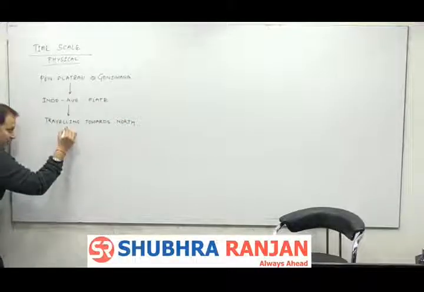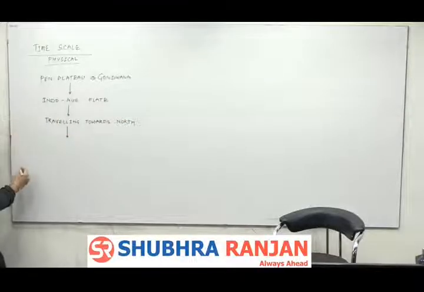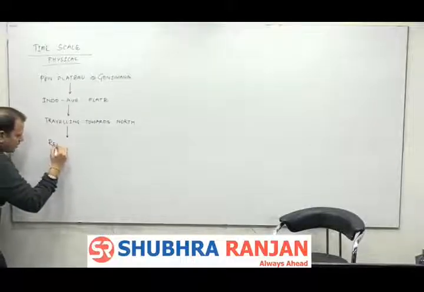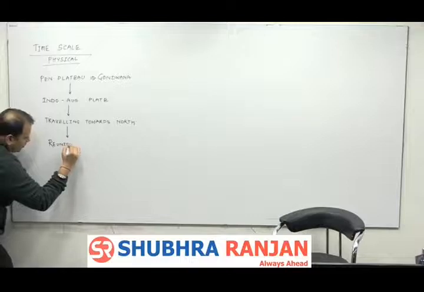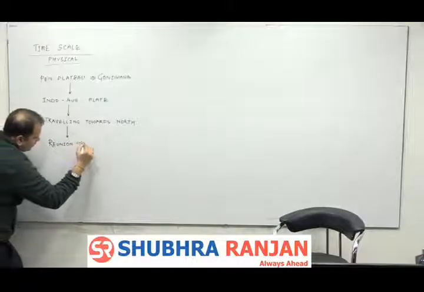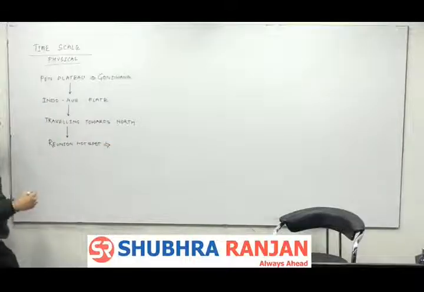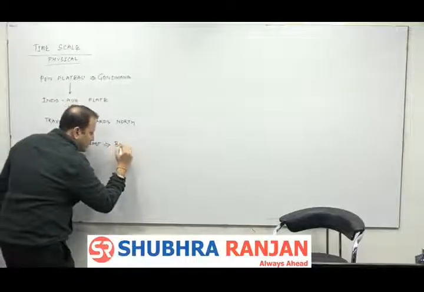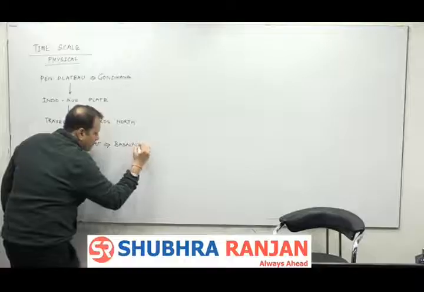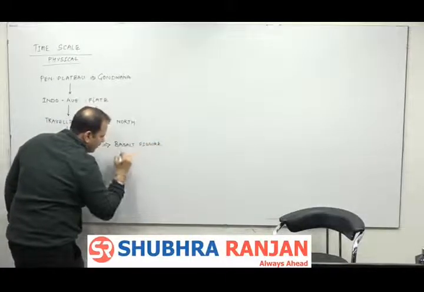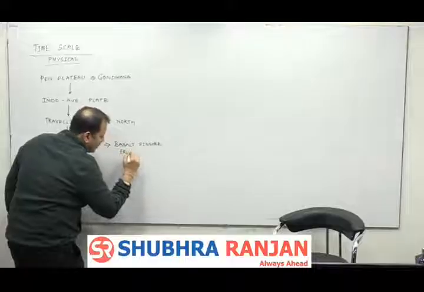As it started traveling towards the north, it came under the Reunion hotspot, which resulted in basalt fissure eruption. We have done this earlier also.